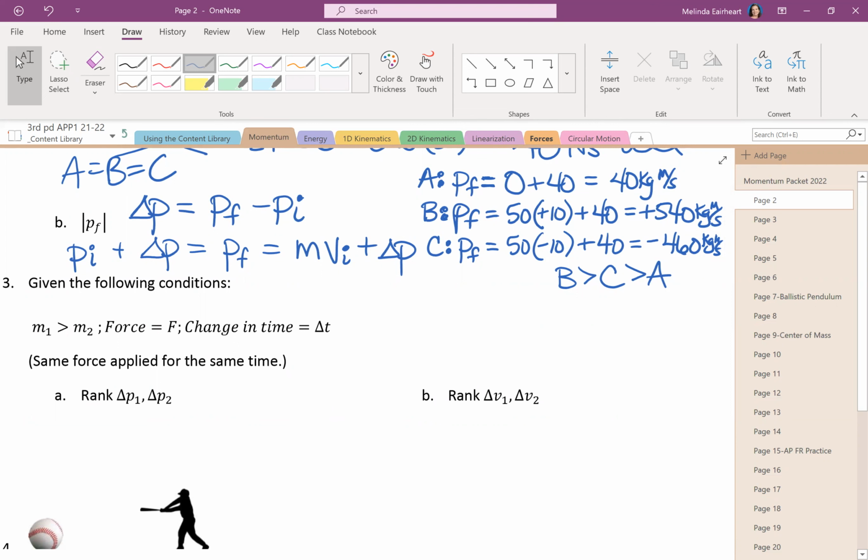So if force and time are the same on each object, can we rank their change in momentums? We did it twice before. What's the first ranking here? If they have the same force for the same time, rank their change in momentum, aka impulse. What would we get?